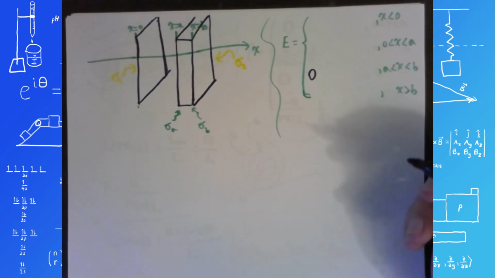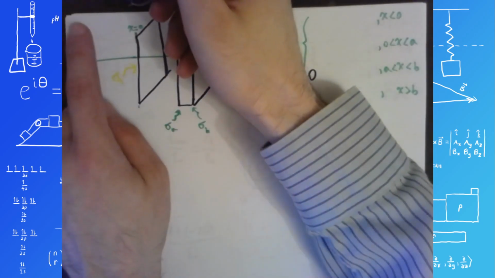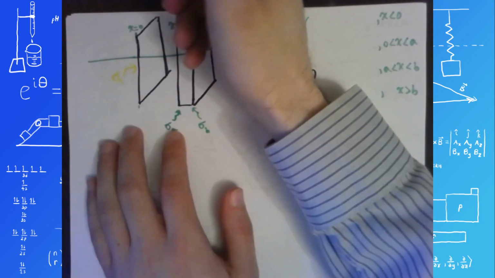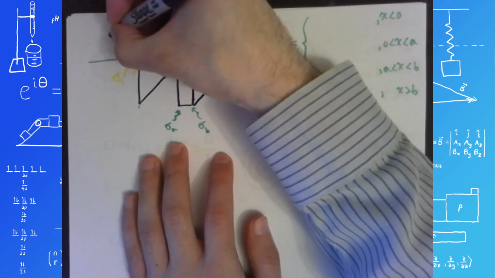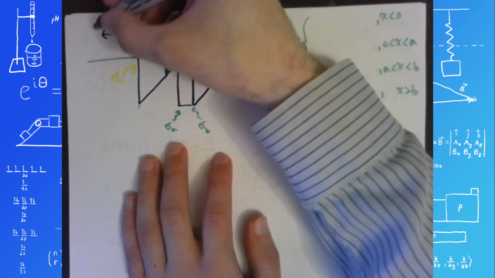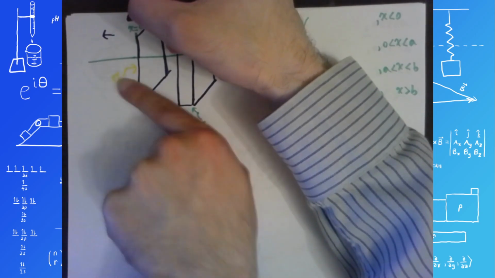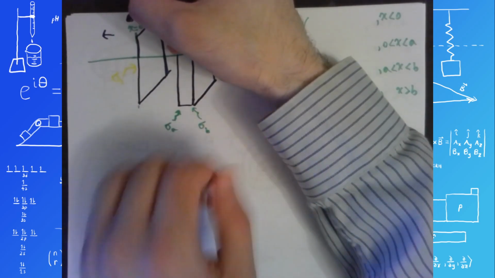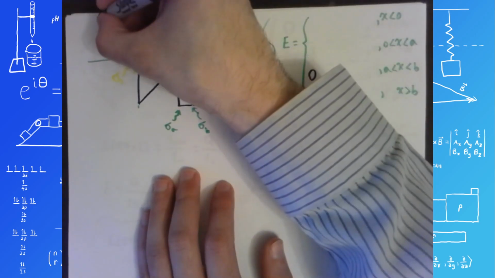So in this region, the electric field due to the sheet is going to point to the left. If you assume it's positively charged, then it's going to create an electric field away from the sheet rather than towards it. So I'm going to call that E sheet.